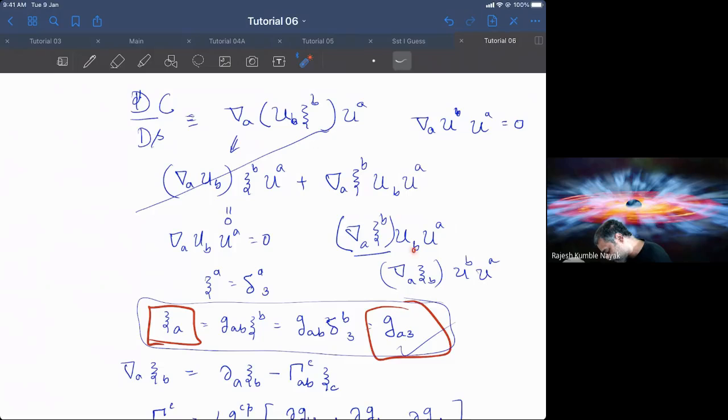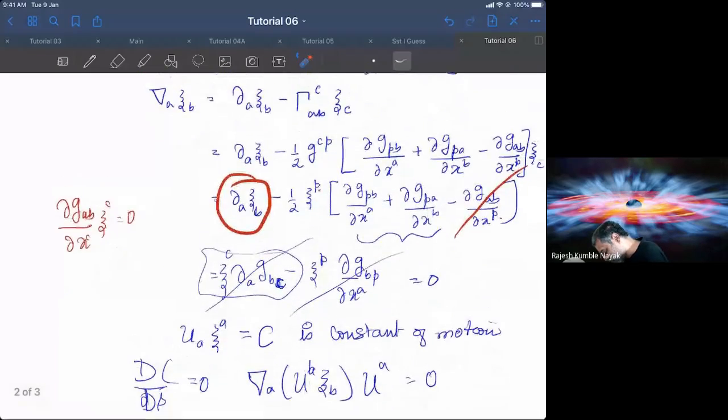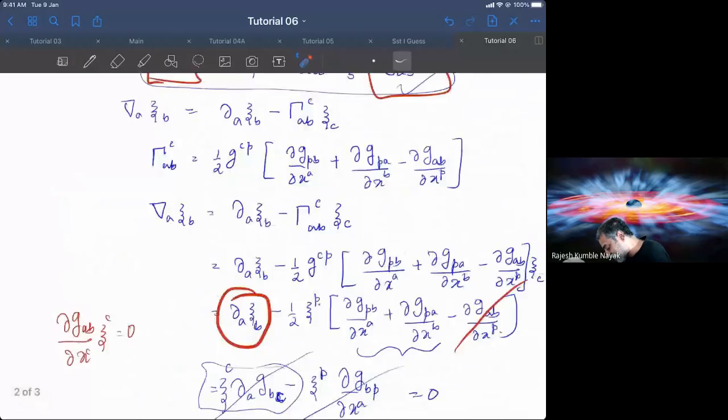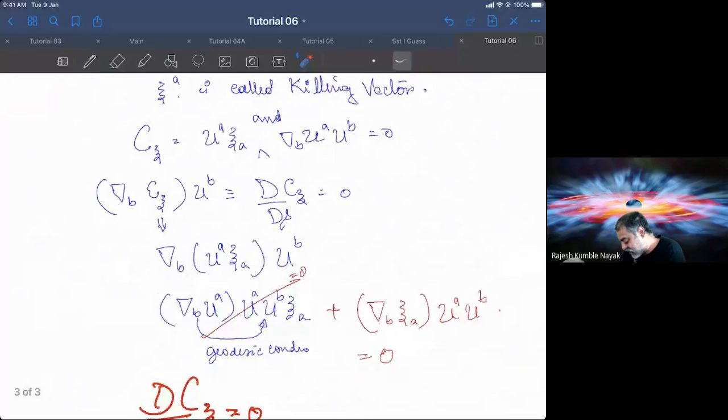But I went ahead, and at that time the goal was to show that if a metric is independent of a certain direction, the directional derivative of the metric is 0 along some vector, and that corresponds to this thing being 0. So what does it mean? This identifies the two things. Killing vector means that the directional derivative of the metric is 0 in that direction. These two give rise to the same condition.